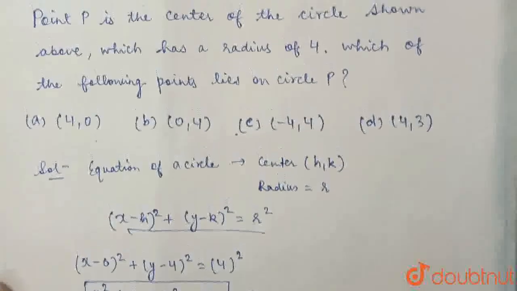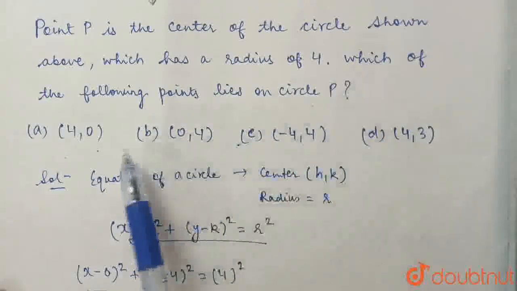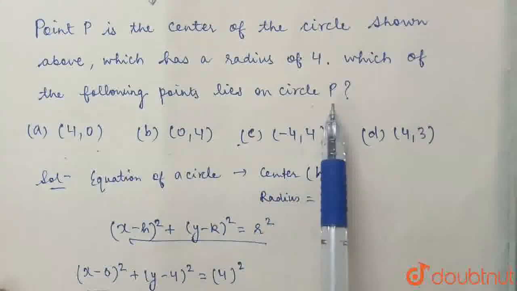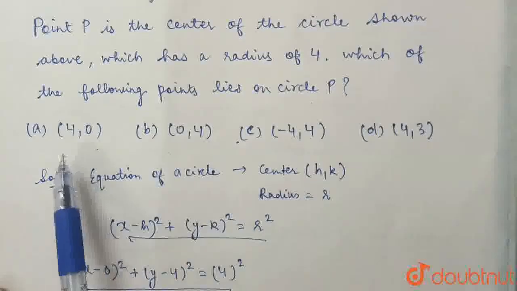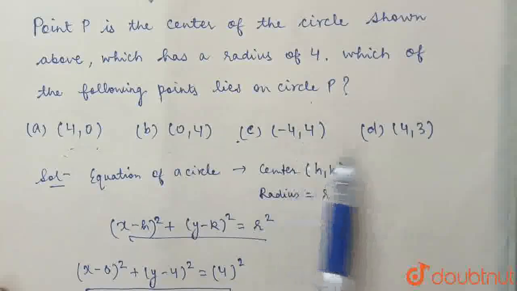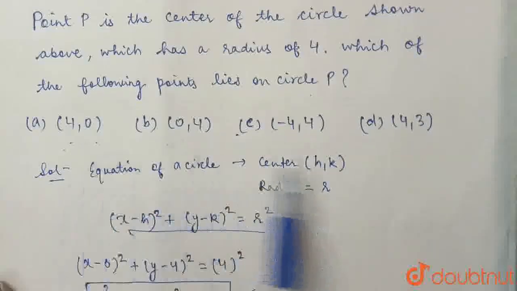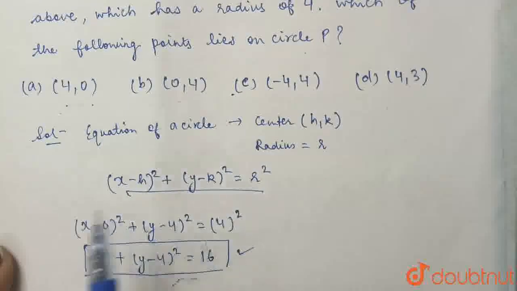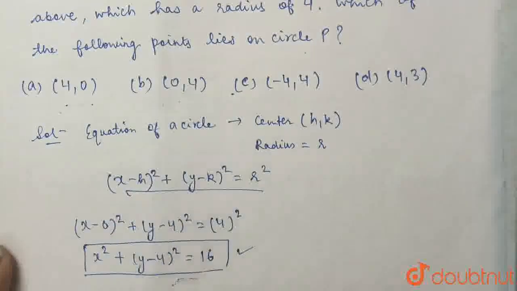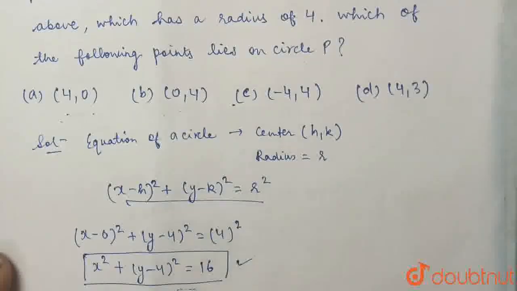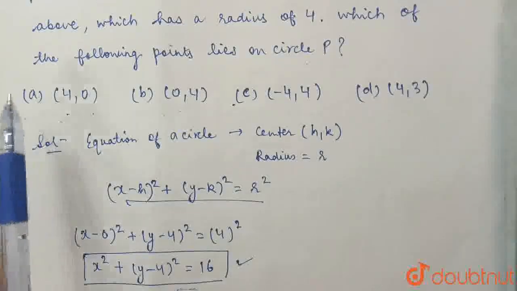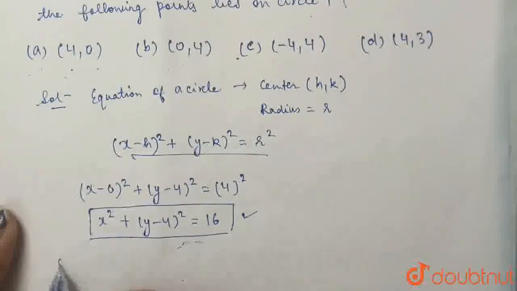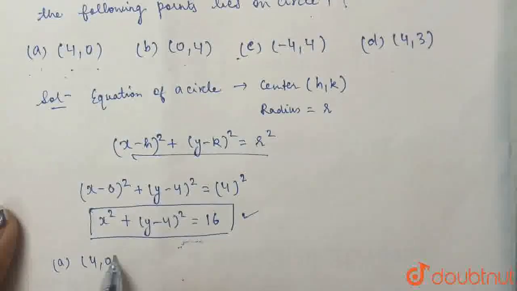And now we are required to see which of the following points lies on the circle P. So now putting the values of all these points in the equation which we have found, the points which satisfy this equation will lie on the circle P. So firstly we will check point A. Point A is (4, 0).